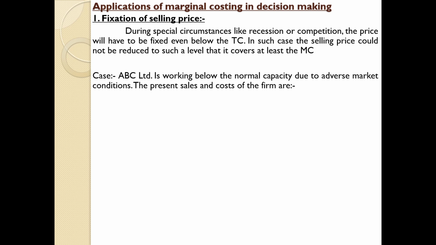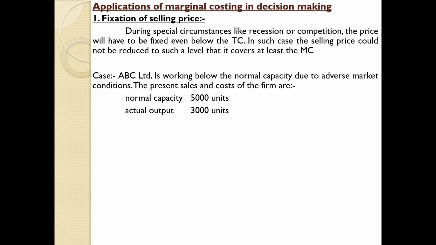A case regarding that: ABC Limited is working below the normal capacity due to the adverse market condition. The present sales and cost of the firm are: normal capacity is 5,000, actual output is 3,000. Remember this normal capacity and actual output.